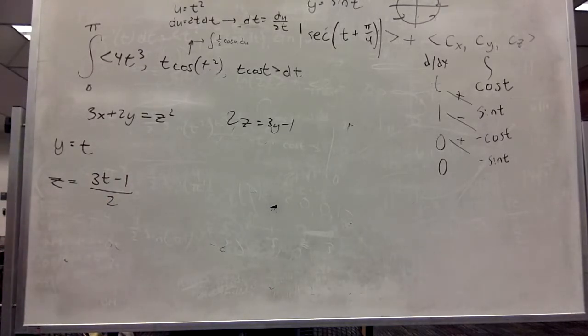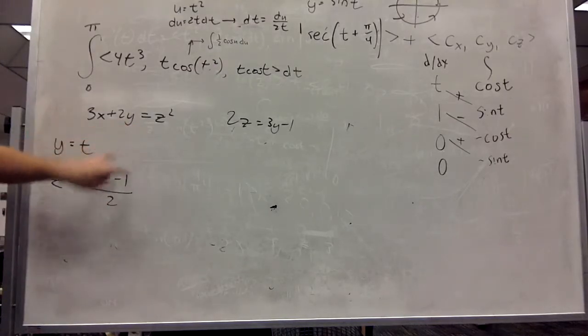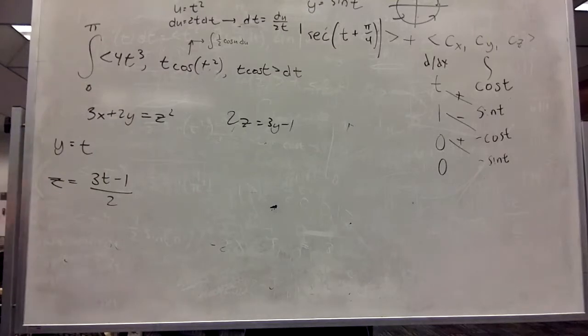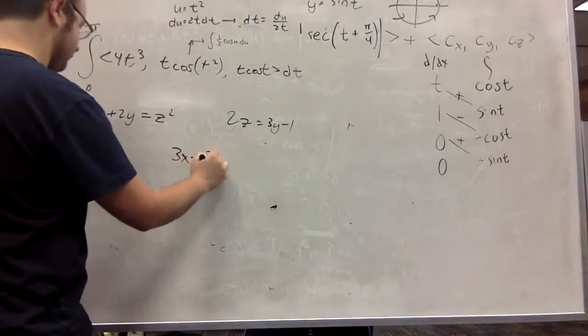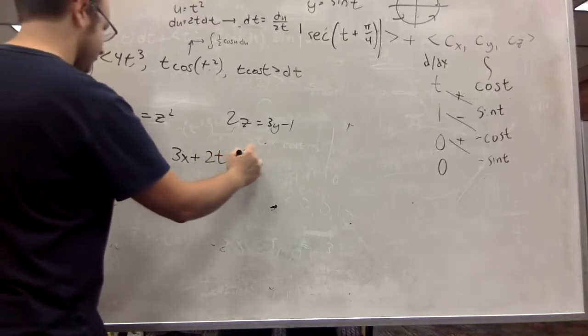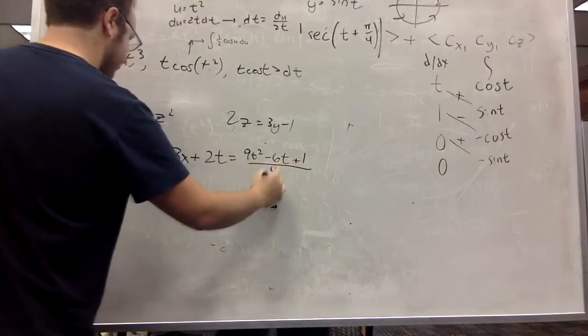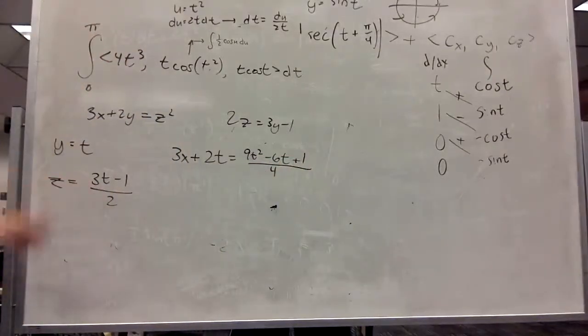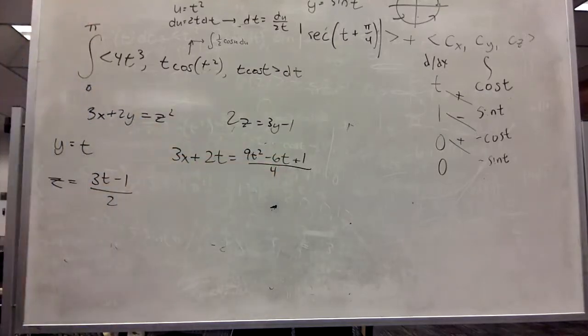What would x then be? Well, now that I know that y is t, and z equals 3t minus 1 over 2, I'm going to plug these in here and solve for x. I just went ahead and squared this out. 3t minus 1 over 2 squared gives me 9t squared minus 6t plus 1 all over 4.